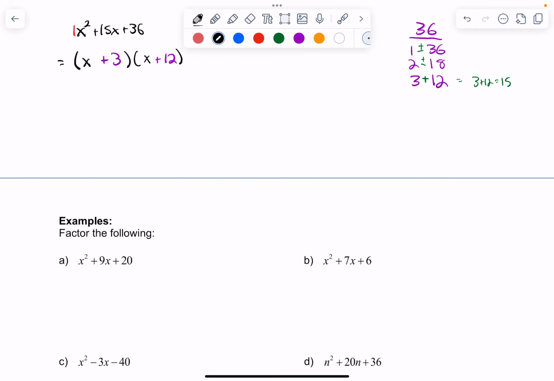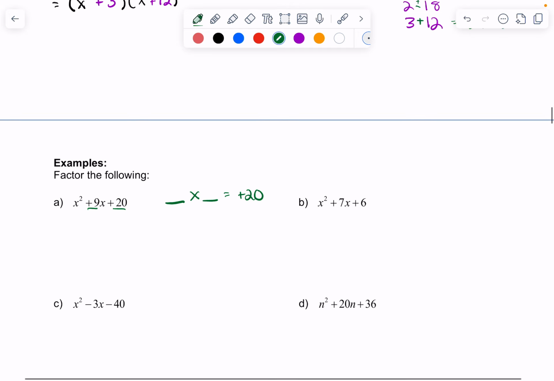So looking at this one, all right, here's your B, here's your C. So set up your chart, your table. You need two numbers that multiply to give you that positive 20, and keep track of the sign, okay? So it is positive 20 and positive 9. Those same two numbers have to add up to give you 9.